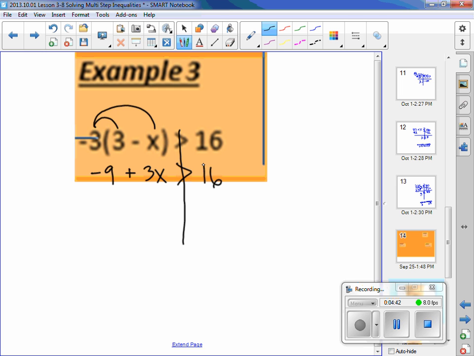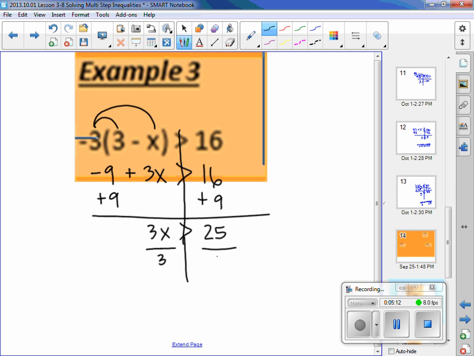What should I do now? Combine like terms would be next, but we don't have any, and all our variables are on one side. So we should add 9 as our next step. All right, now what do I do? Divide by 3.